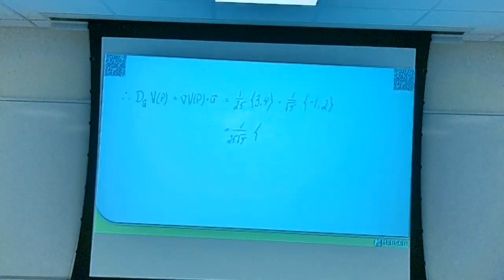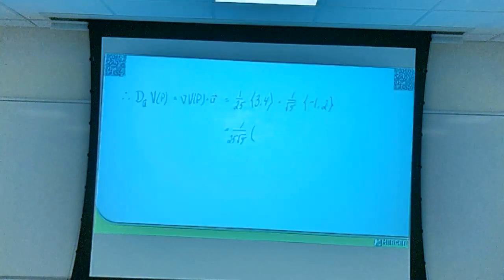Now dot product. What's the dot product of your vectors? -3. -3 what?